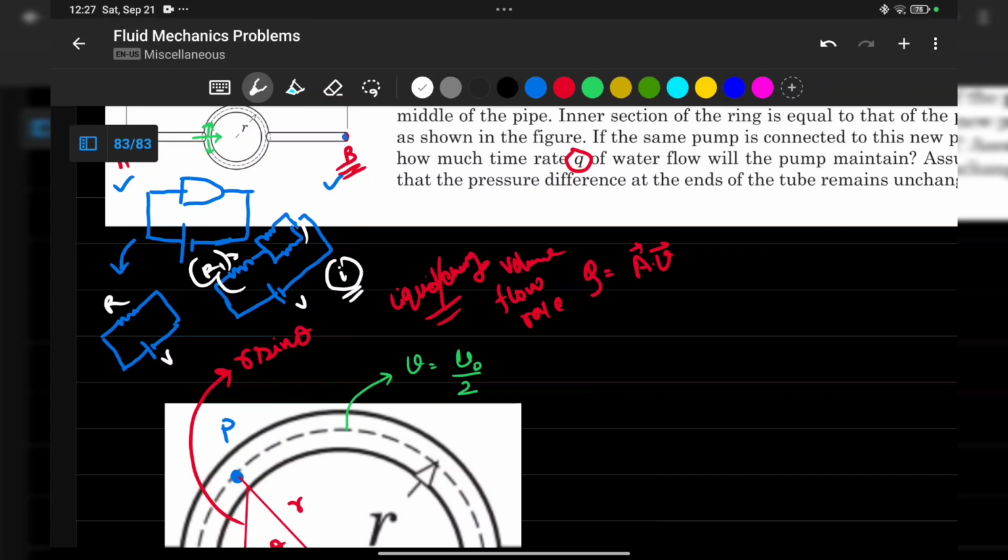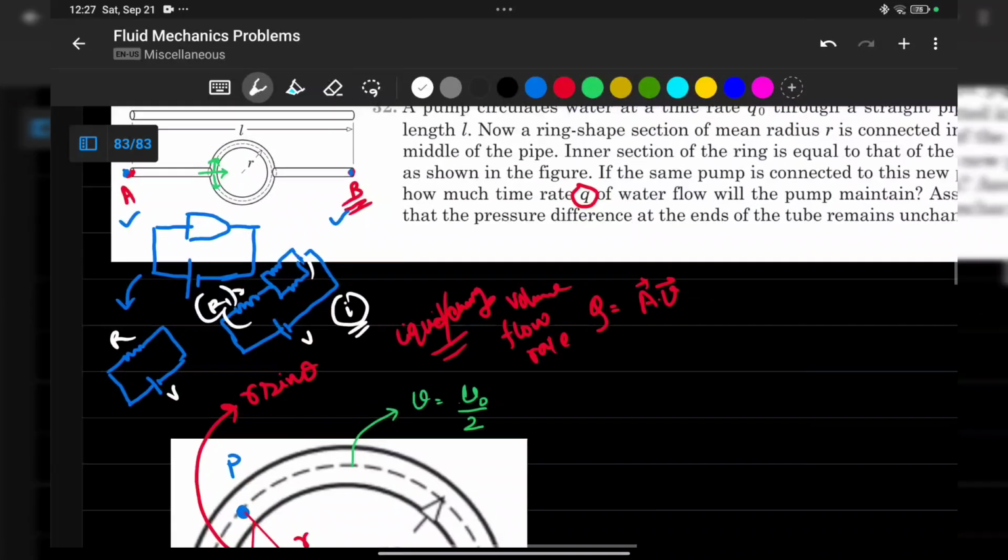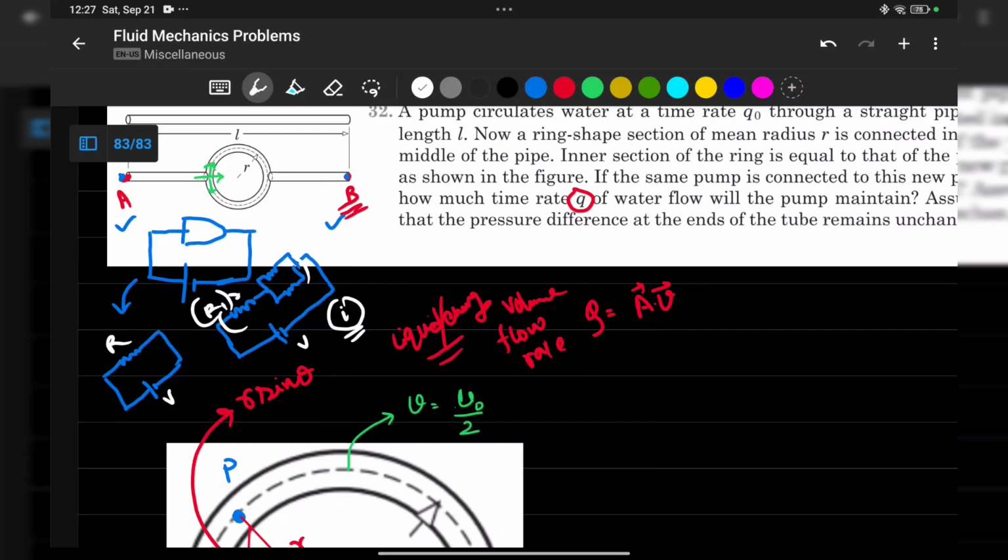So try to visualize something equivalent here. Imagine that the voltage difference is equal to the pressure difference, which is actually causing the flow to happen, and these things are resistances.